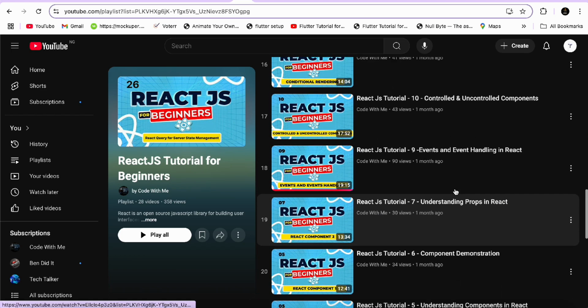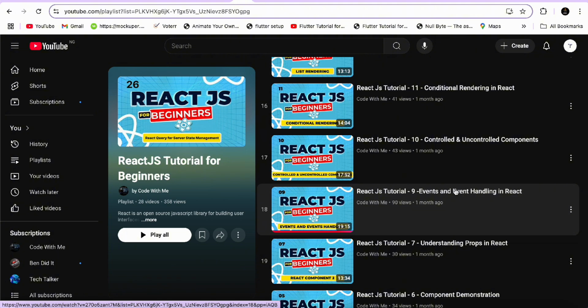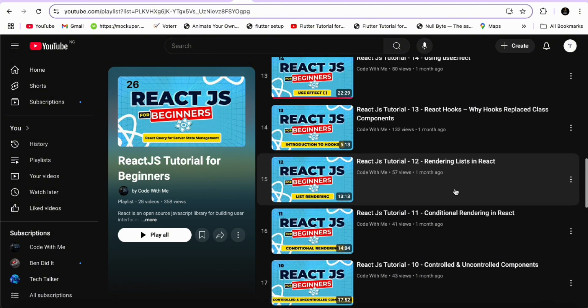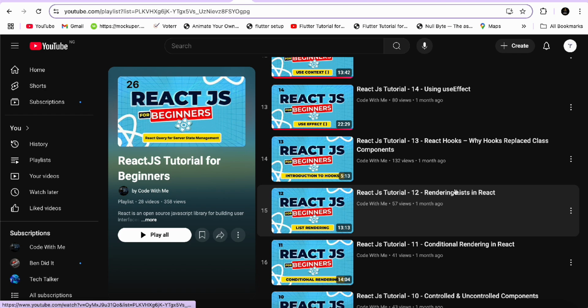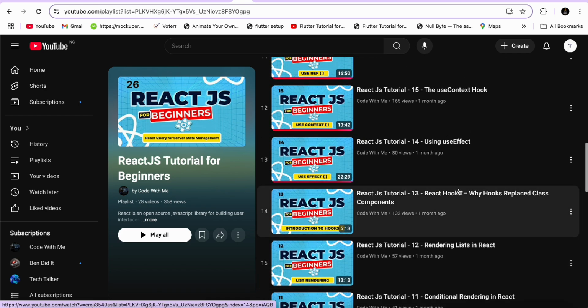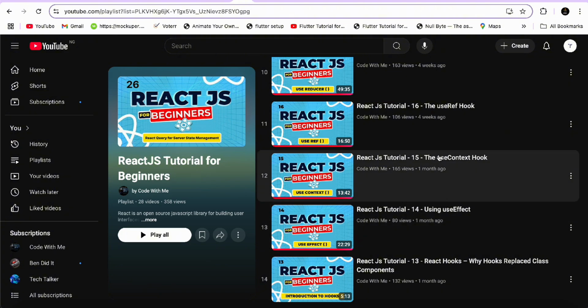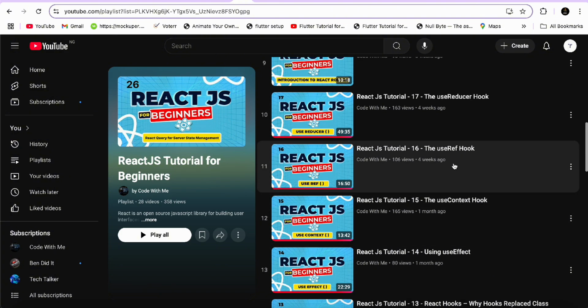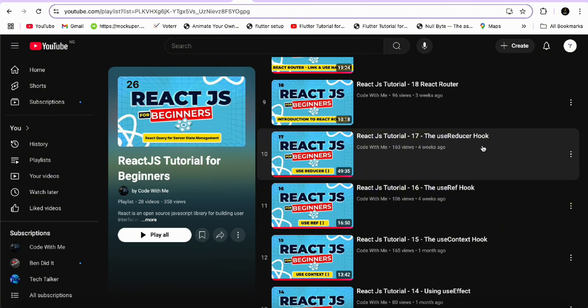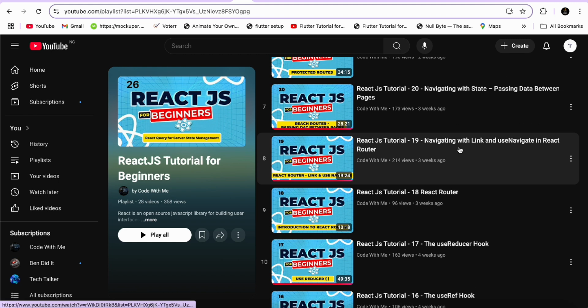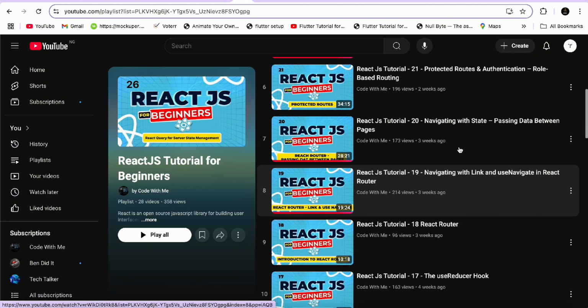We talked about understanding props in React, event and event handling, controlled and uncontrolled components, conditional rendering in React, rendering lists in React, React hooks, and why hooks replace class components. We talked about using useEffect, the useContext hook, the useRef hook, the useReducer hook, the React router, and we went ahead to talk about navigating with links and useNavigate in React.